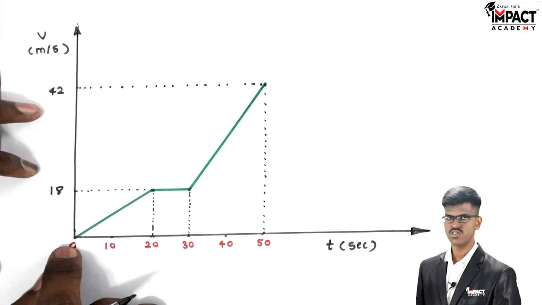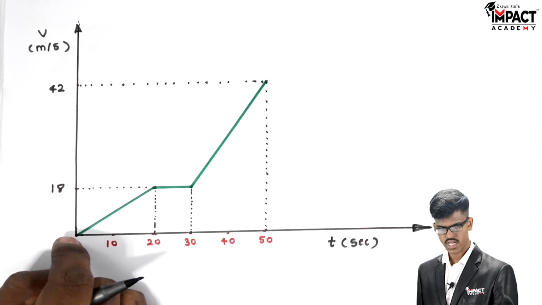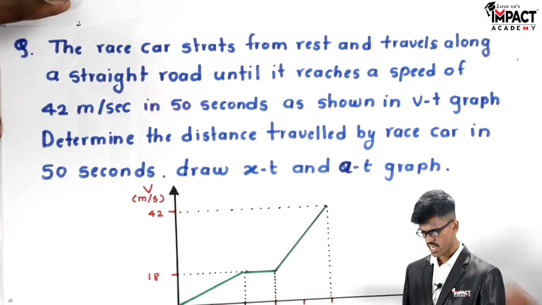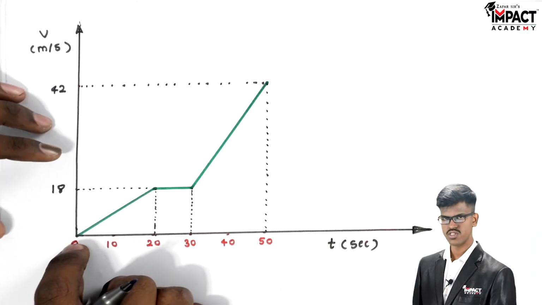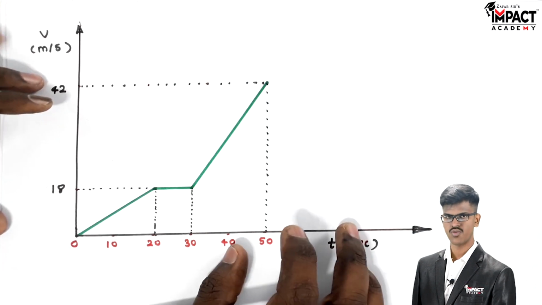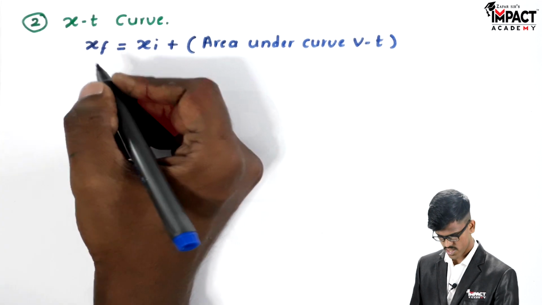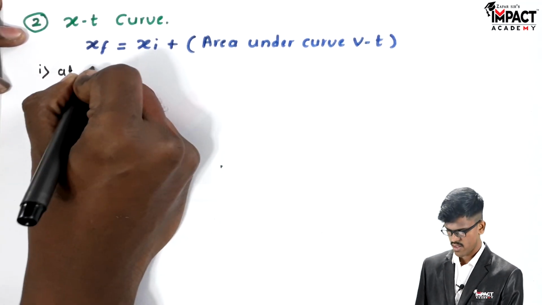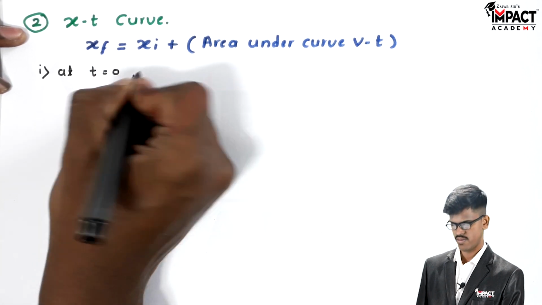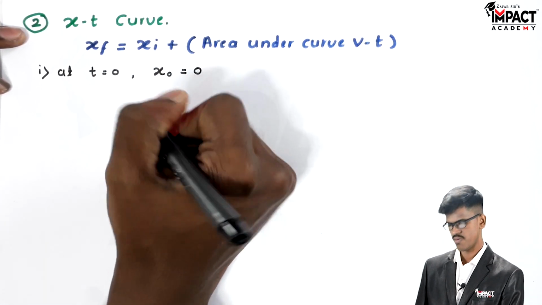When t is equal to 0, the initial position of the particle, they also mention it starts from origin. Okay, starts from rest. So initial position of the particle at t is equal to 0, x will also be equal to 0. So here at t is equal to 0, x naught will be 0.